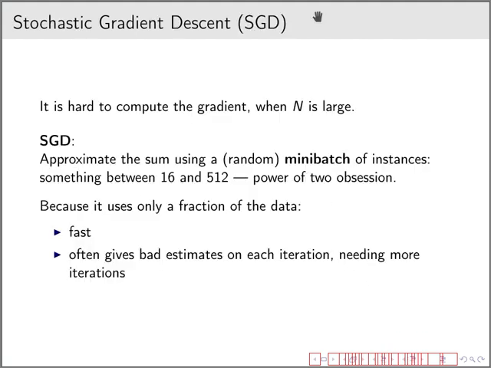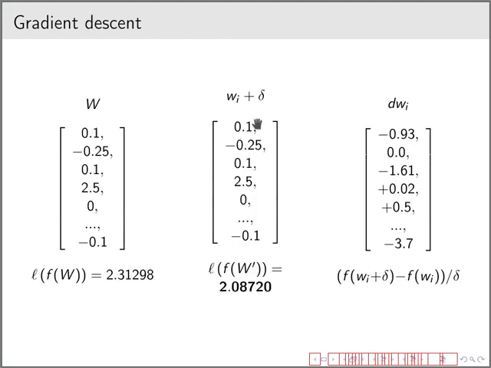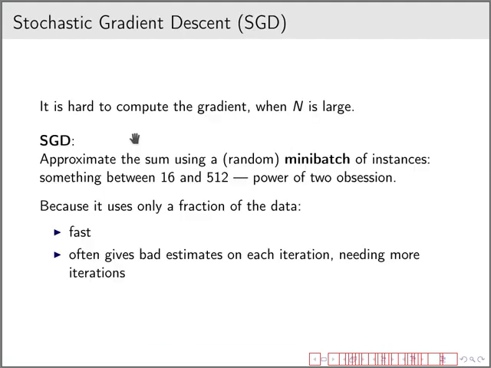So we have an approximate algorithm that is called stochastic gradient descent. And the name looks fancy, but it's very simple. The idea is, instead of using all training images to adapt the parameters w, we are going to randomly draw a mini batch of instances. What is a mini batch?